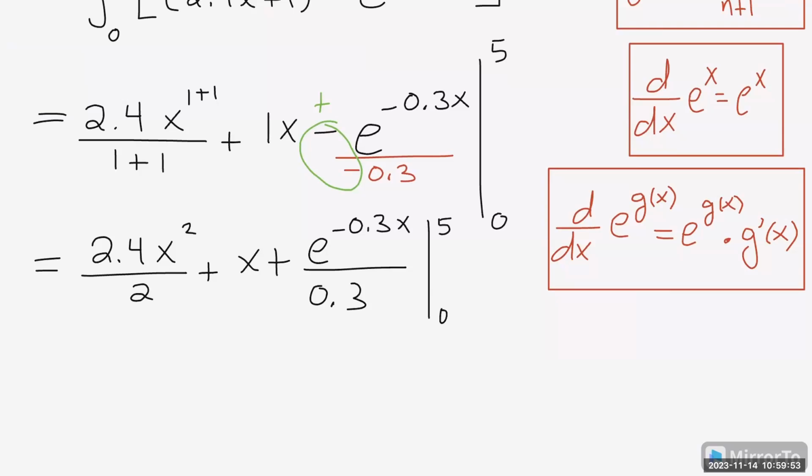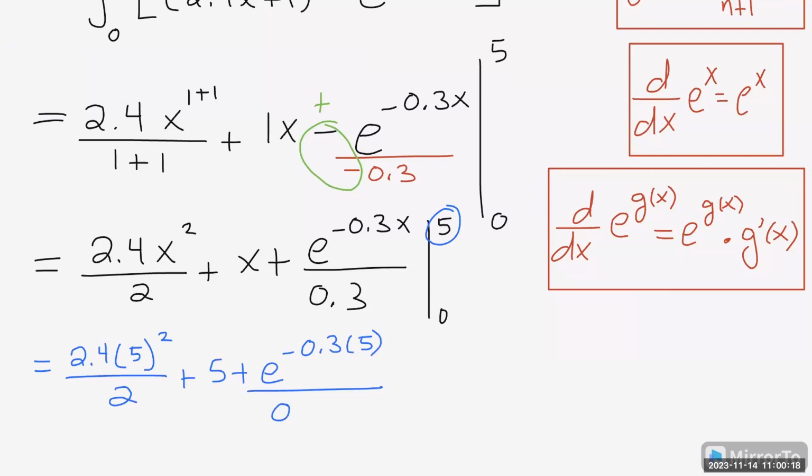So the fundamental theorem of calculus says first plug in your top number. So I'm going to do that first. So I have 2.4 times 5 squared over 2 plus 5 plus e to the negative 0.3 times 5 over 0.3.